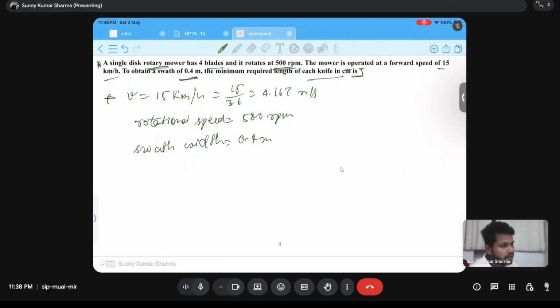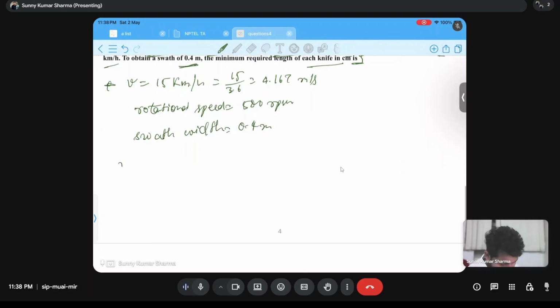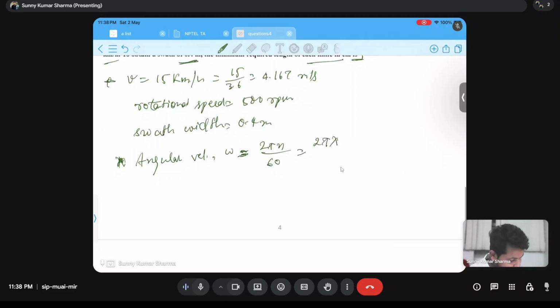We need to find the angular velocity, that is omega. And what is the expression of omega? It is 2 pi n by 60. So all the parameters are given here, 2 pi, and n is given 500 rpm by 60.